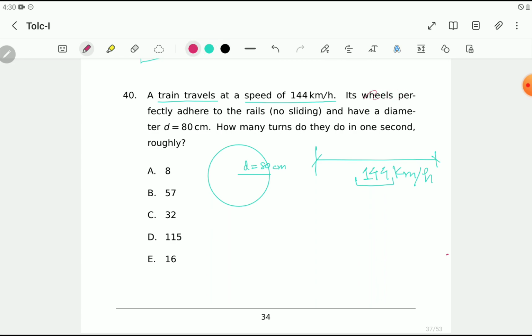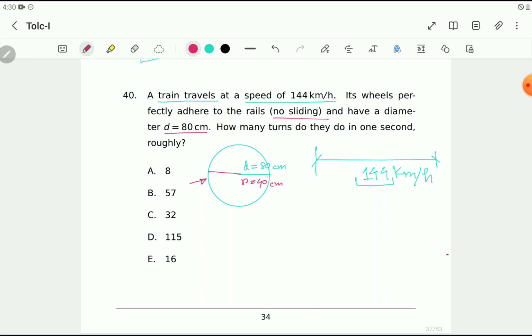Its wheels perfectly adhere to the rails, no sliding, and have a diameter d equal to 80 centimeter. So for example, this is the wheel of the train and it has a diameter of 80 centimeter, okay. So if the diameter is 80, that means the radius is 40 centimeter. How many turns do they do in 1 second roughly?